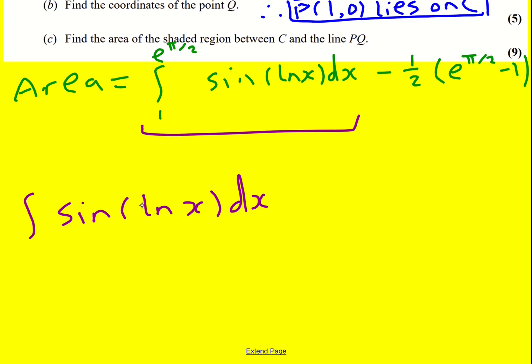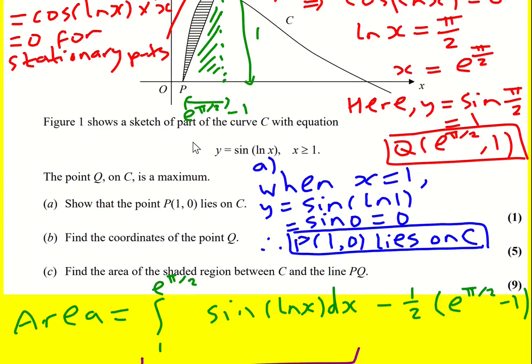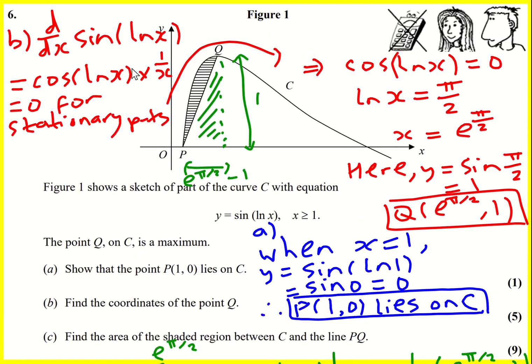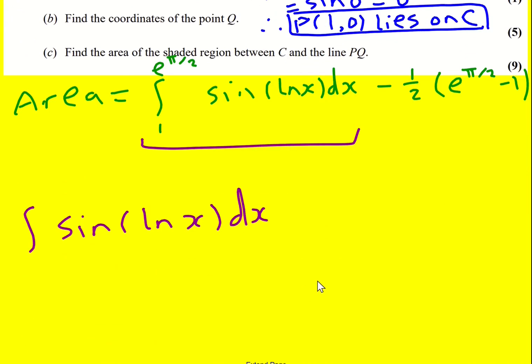We're not going to integrate by parts. We did differentiate this, but when you differentiate, you get something that's equally as horrible. So I'm going to try and let u equal ln x, because then we'll get sine of u. And du by dx is 1 over x.